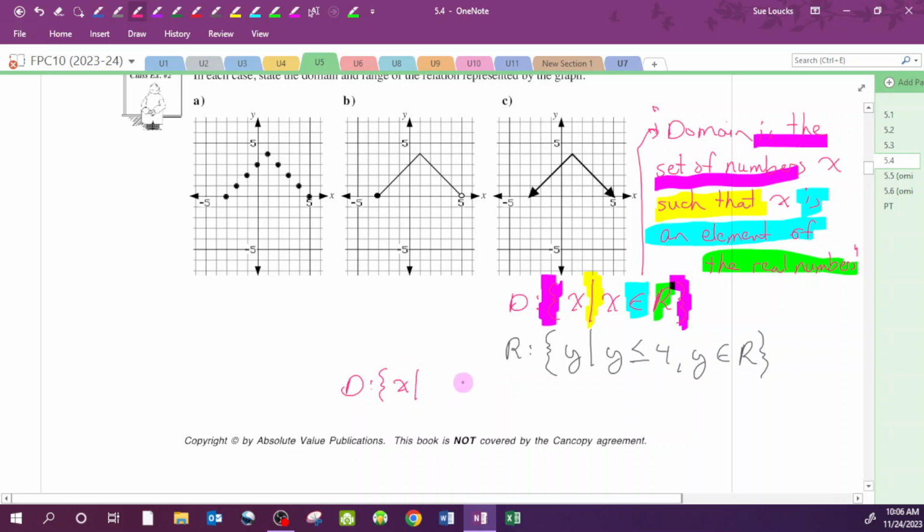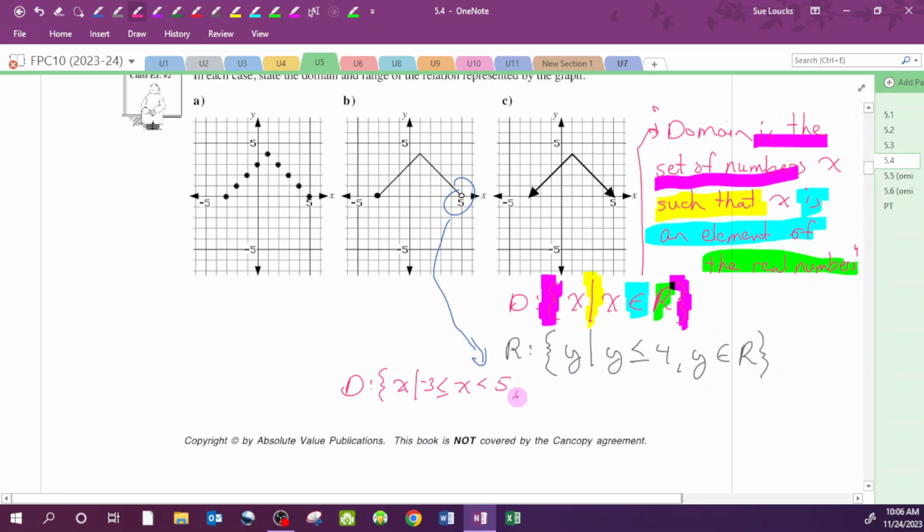I move over a bit and I put my X here because I know that I'm going to describe my X. And it goes between -3 and 5. And then I have to decide, does it include those points? Well, this solid dot here means that it includes the -3, so I change my greater than to a greater than or equal to. And on this end, it doesn't include it, so I'm going to leave that blank. I just want to draw your attention to that. So there we go. Okay.